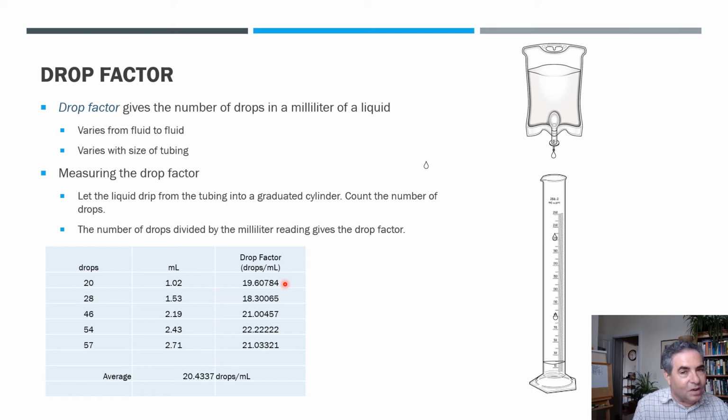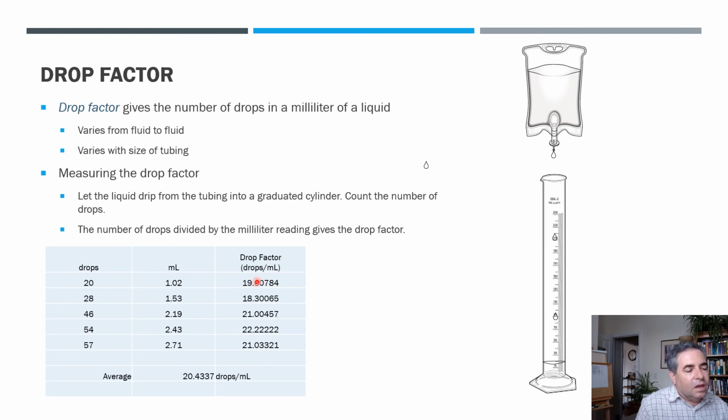How many significant figures should there be? Well, this is a small count. You could say maybe it's uncertain by a drop. This has 3 significant digits. So you're going to have maybe 2 or 3 significant digits at most here for your drop factor.